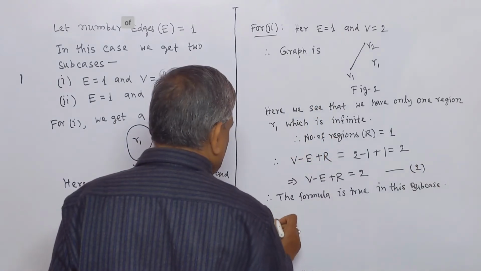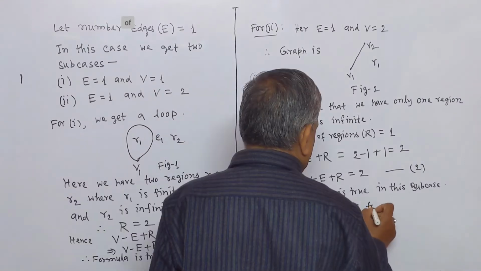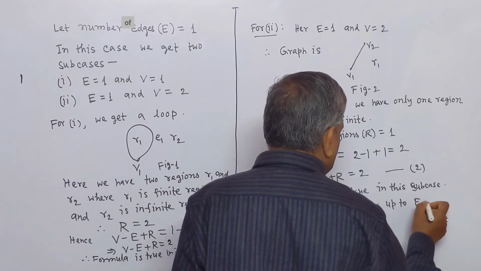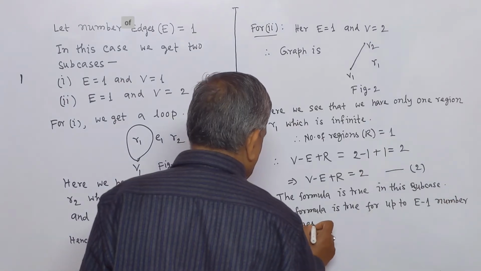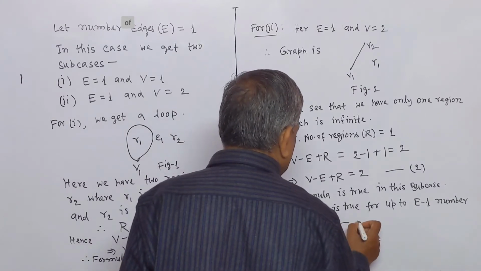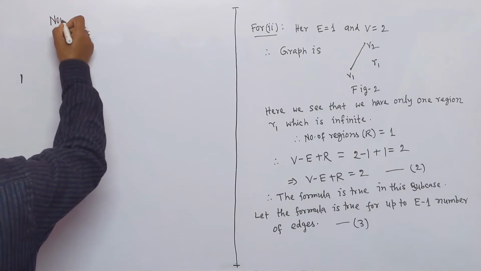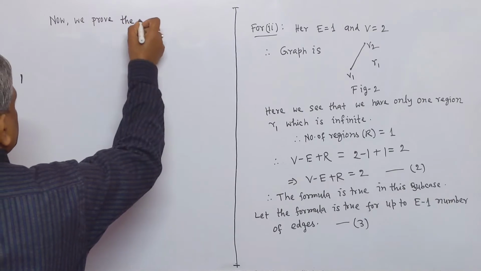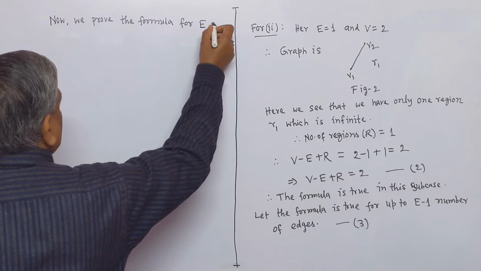Let the formula be true for up to E minus 1 number of edges. This is number 3. Now we prove the formula for E number of edges.